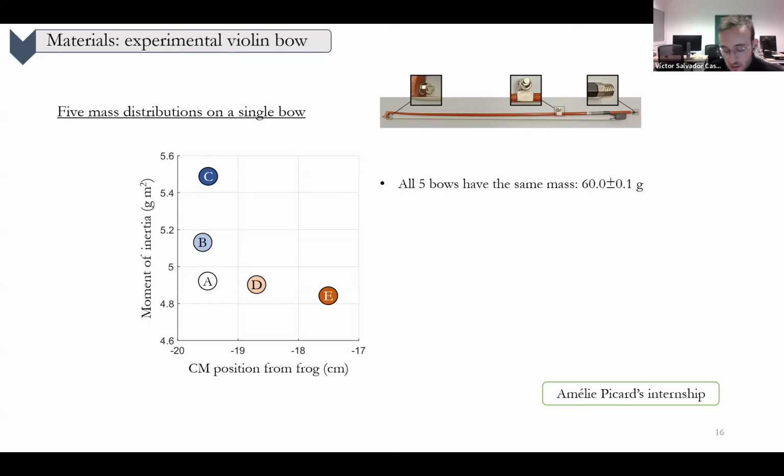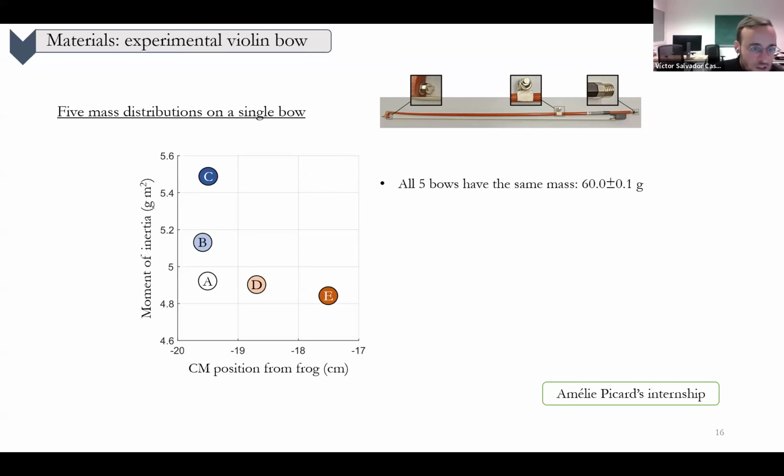With these 5 mass distributions, we could have different moments of inertia with the same total mass and with the same center of mass position. So we could change these two specific mechanical properties, the moment of inertia and the center of mass position measured from the frog.